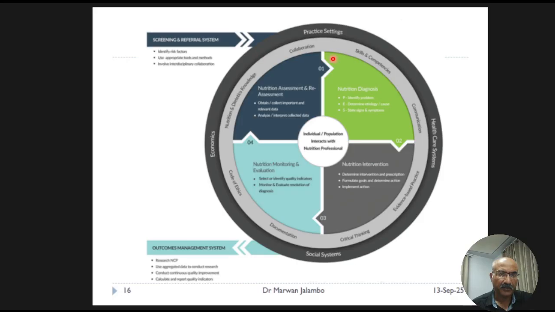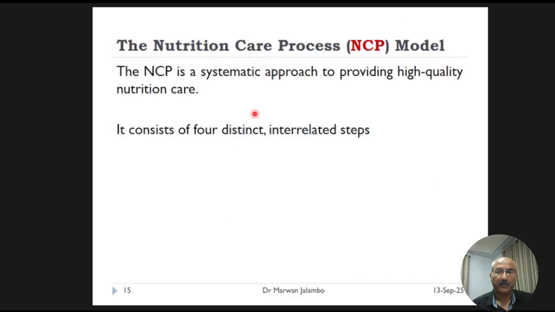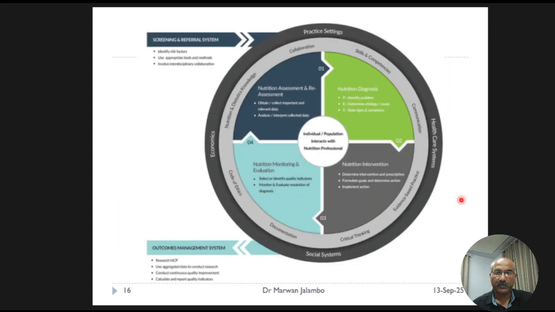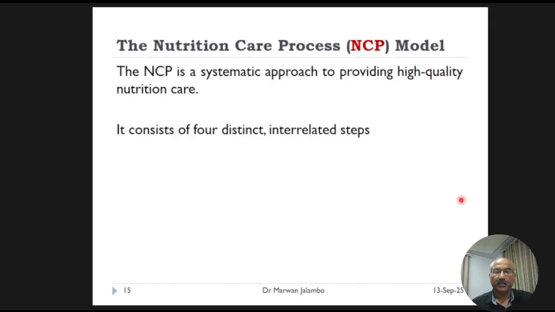And this figure summarizes all these steps. Step 1, nutrition assessment and reassessment, where we collect and analyze the data. Step 2 is nutrition diagnosis, where we identify and label the specific nutrition problem.